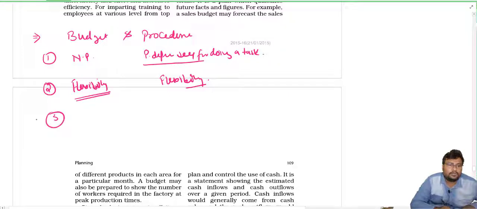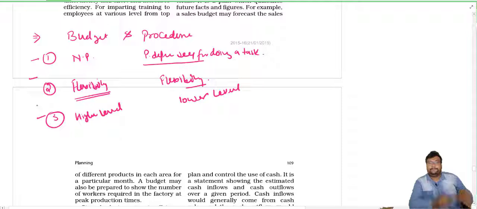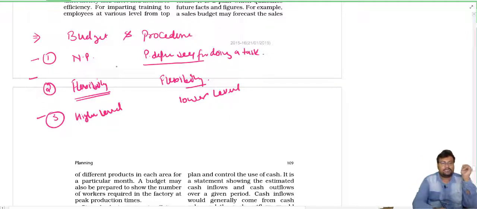And the third one, beta, is that budgets are generally prepared by the higher level, and procedures are generally prevalent at the lower level. Okay, so these are the 3 points you have to remember for the difference between budget and procedure.